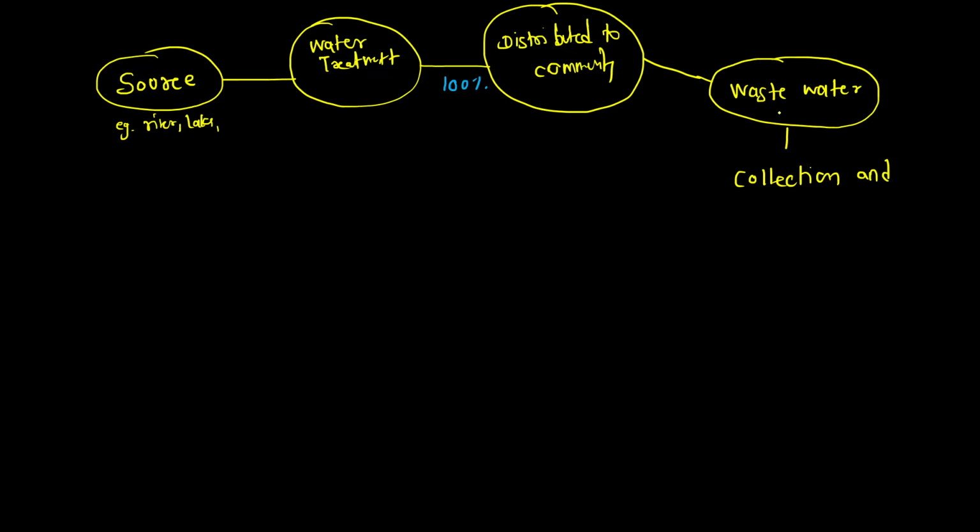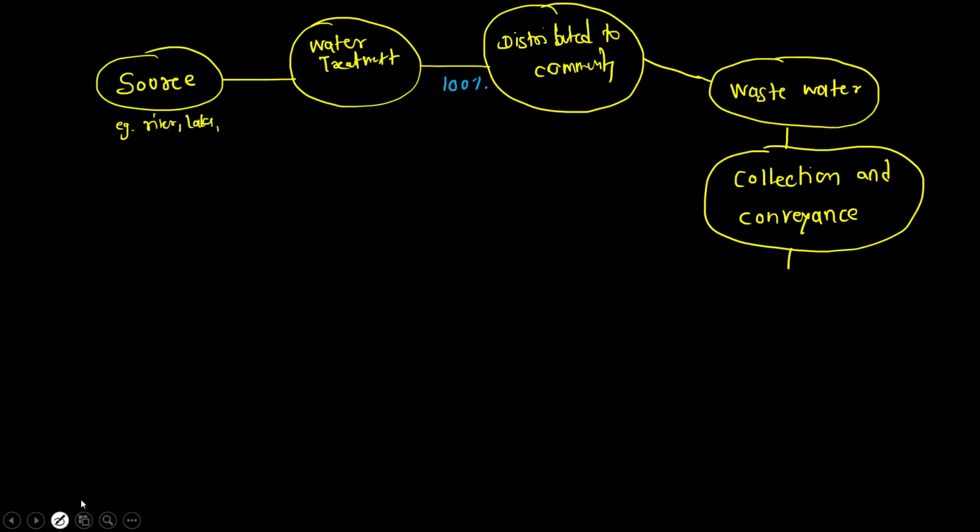Now for treating this wastewater, there is one more plant that we are going to study, called the wastewater treatment plant. So after the collection and conveyance, that means transfer of water, this wastewater is then taken to the wastewater treatment plant.